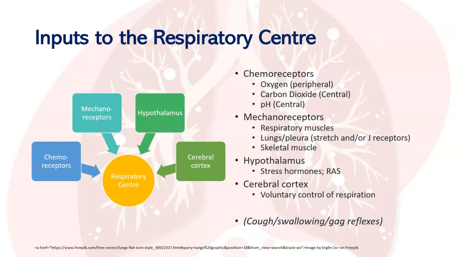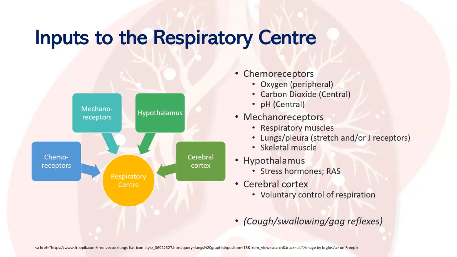The hypothalamus works on the involuntary part of respiratory control through the production of stress hormones, the activation of the reticular activating system, and via these two mechanisms through the mediation of the autonomic nervous system, in particular the sympathetic nervous system.